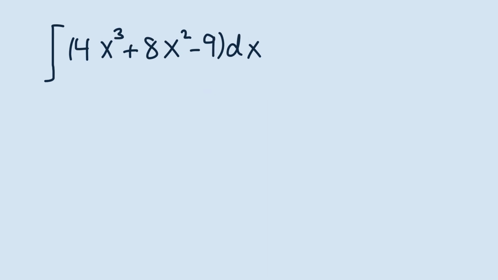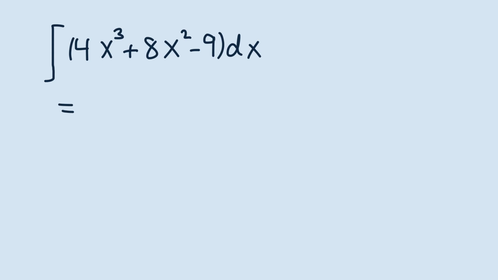Now it's your turn. Try to solve this question, then check your answer. Integral of 4x cubed plus 8x squared minus 9 dx. As we said earlier, we have to do integration for each term separately. Let us start with 4x cubed.